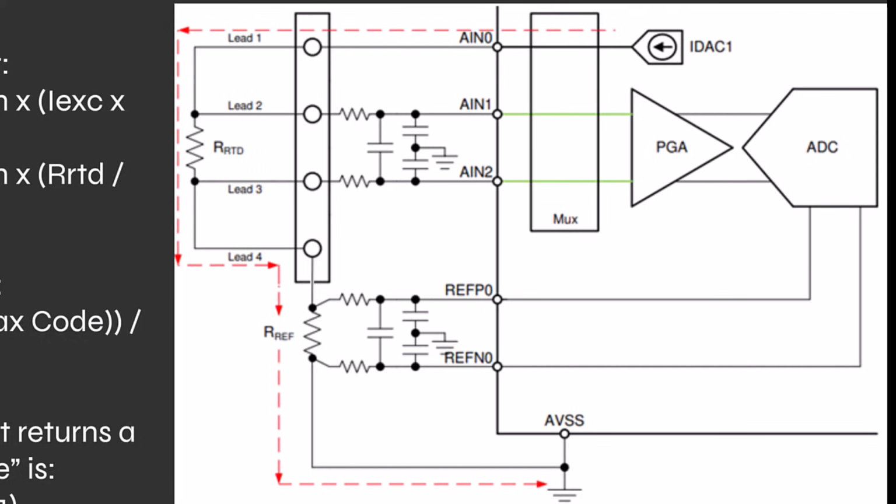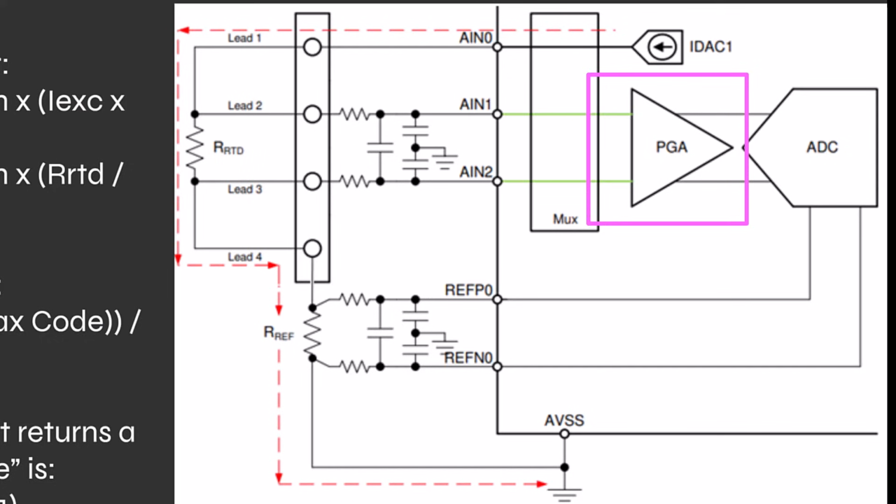So in a 4-wire configuration, we're able to cancel out the effects of the lead resistance because we have lead 2 and lead 3 serving as our sense leads. Then, of course, you can see the current path goes through our reference resistor to ground. So it's the same setup we had before, but that was 2 wires where we were not canceling out the resistance of the wiring. But here we can. And then we also added that programmable gain amp.